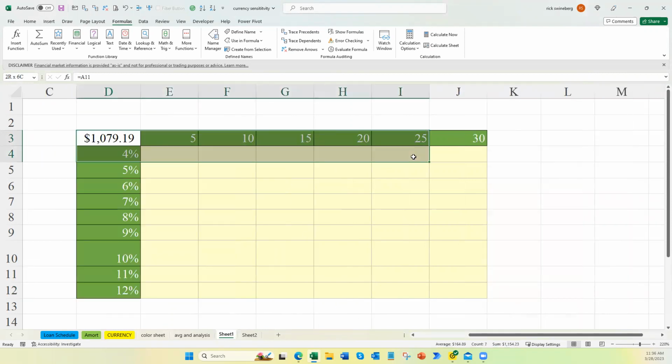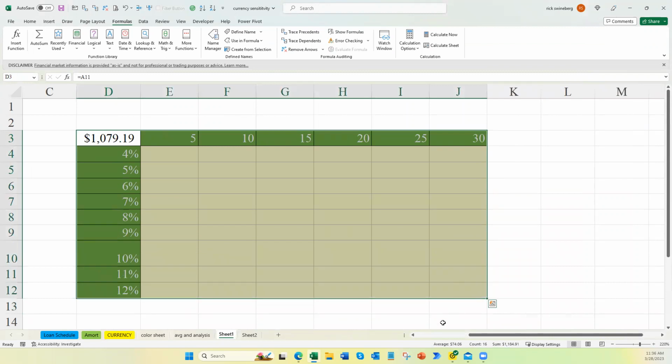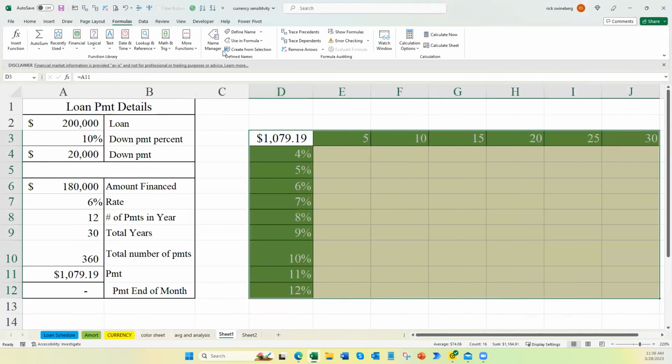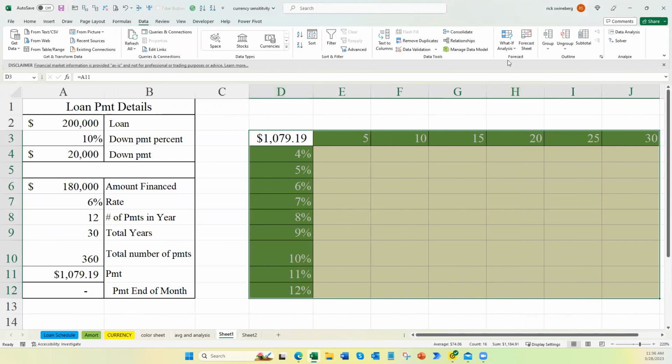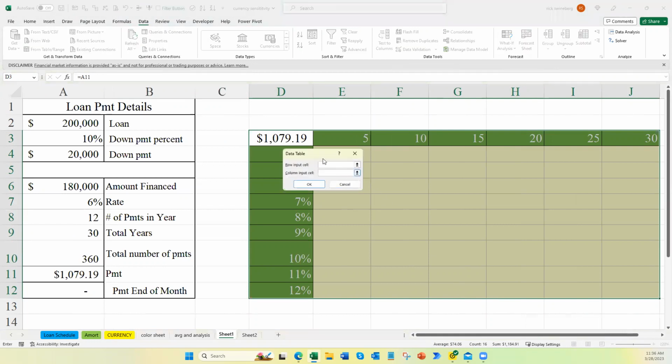Okay, so we highlight the whole area, and then we go here, Data, and we hit What-If, and then we say Data Table. Okay, so you're going to get this little dialog box. The row input cell is talking about this here.